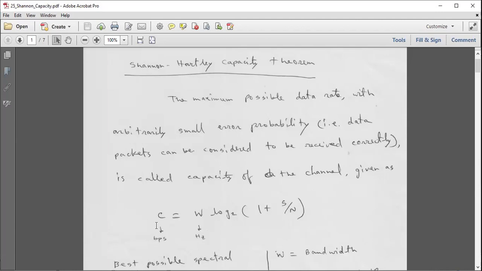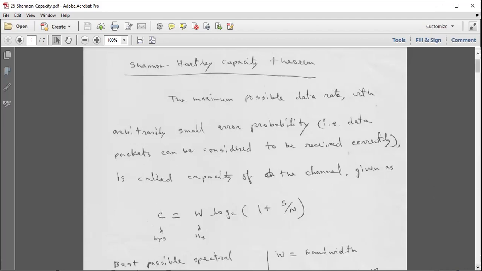If you want transmission with almost all bits correctly received, or arbitrarily small error probability, with this kind of transmission where you send all the bits successfully, this is the maximum data rate you can get.